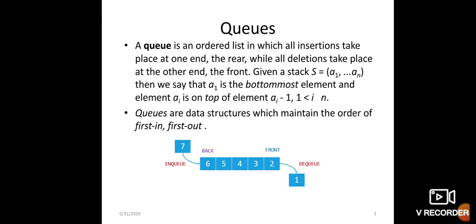Okay, the next one is queue. Queue is an ordered list in which all insertions take place at one end called the rear, and the deletions take place at the other end called the front. Unlike stacks, here you have two places: one place for insertion and the other place for deletion. The insertion will happen at the rear, at the back side, and the deletion will take place at the front side.